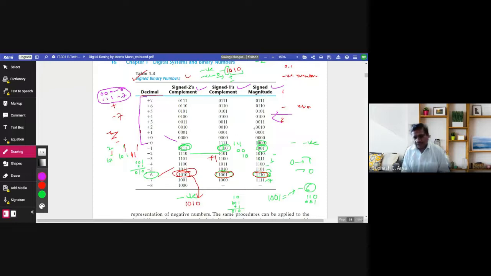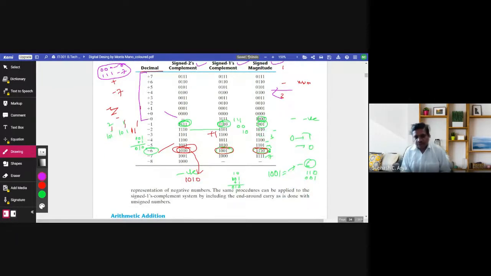You just observe it. The difference comes when we want to represent negative numbers. I will remove the earlier one so that you should not get confused.